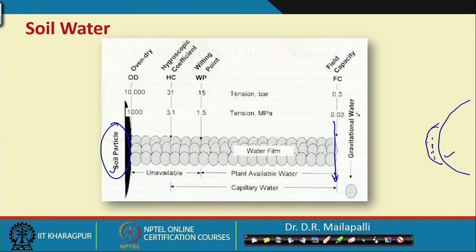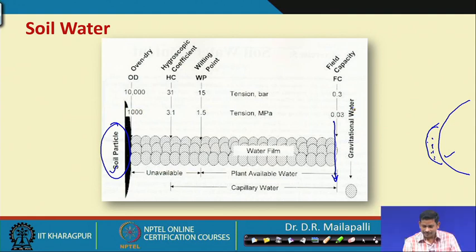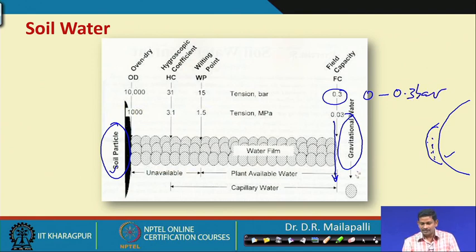That water is called the water which flows through gravity, or the gravitational water. This can easily pass through the soil particles because the tension with which this water is held is 0 to 0.3 bars. So that is the gravitational water.